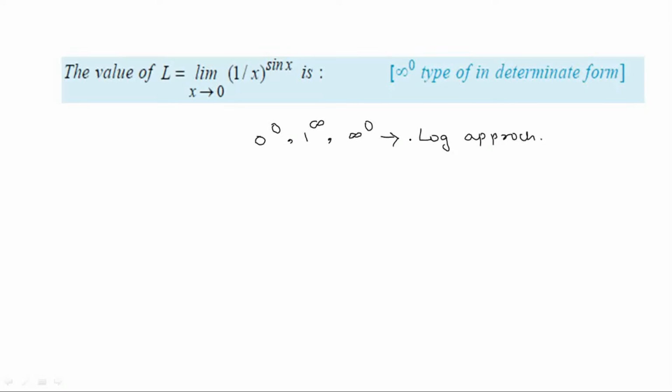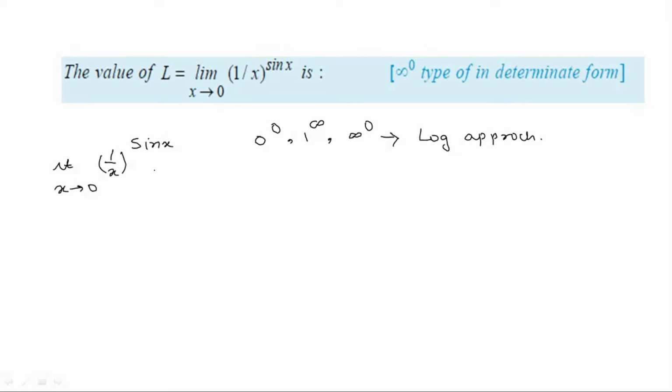Okay, so let's see with an example. Here the example is: find the limit as x tends to 0 of (1 by x) to the power sin x.